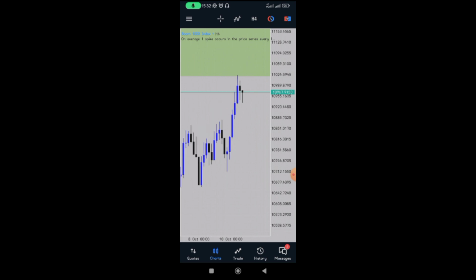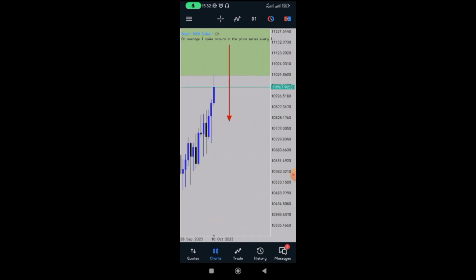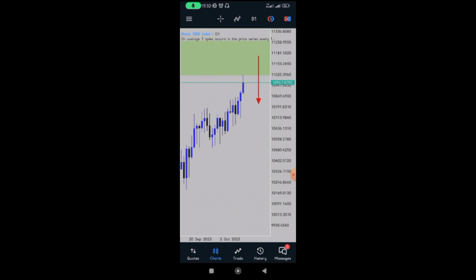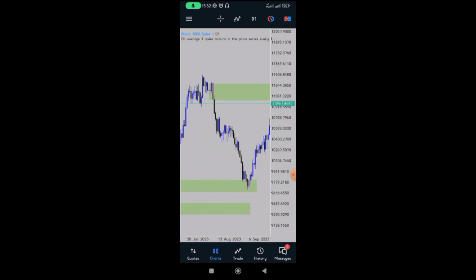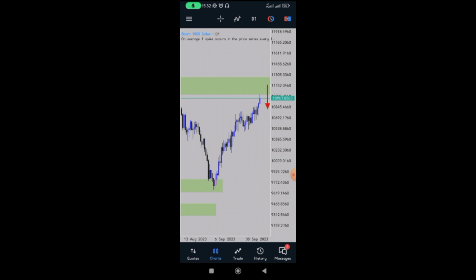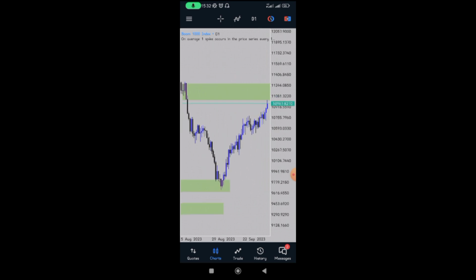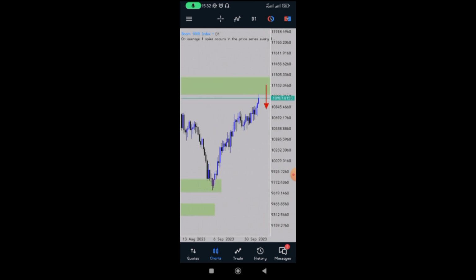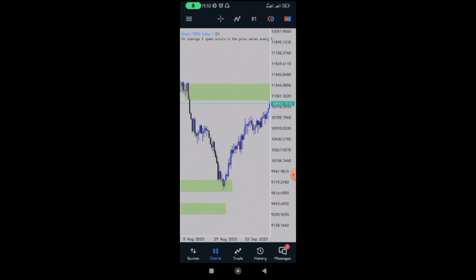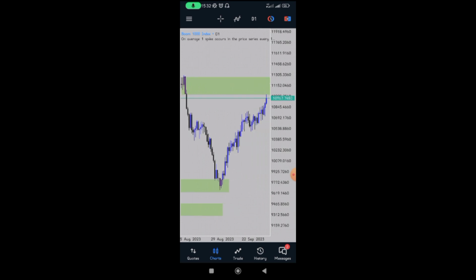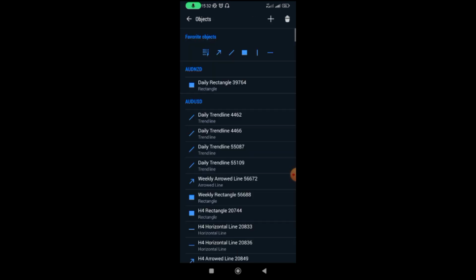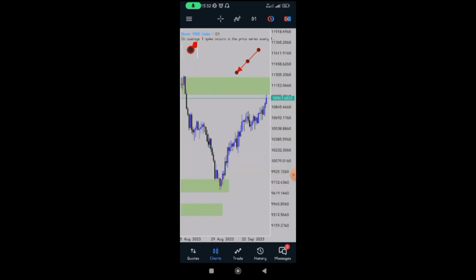All right, now looking at this place here, let's go to the daily. Okay, guys, now can you see what we have here? Now looking at this place, why am I picking out my sell at this zone here? If you look closely at the market at this daily time frame, let me use my arrow to point. If you look at the daily time frame, you can see for yourself that we have a nice daily order block here.